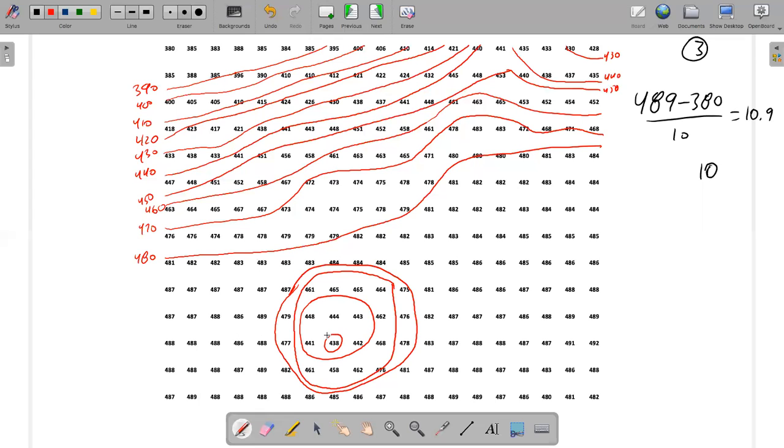So down here there's a seamount: 440, 450, 460. I missed it. Let's see, 470. That's wrong.